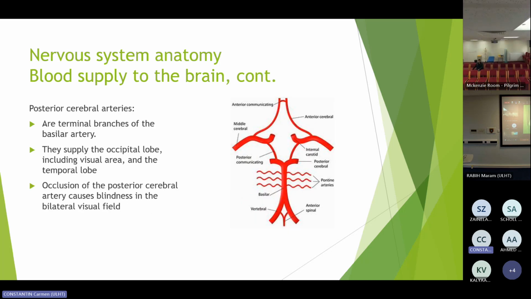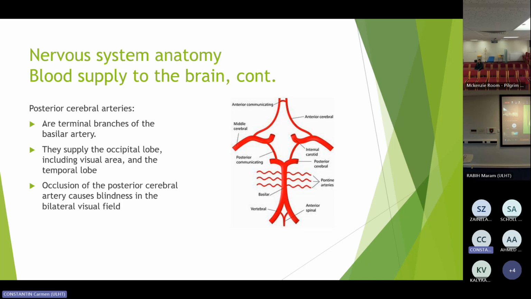Now we'll move to the posterior side. It is supplied by the end branches of the basilar artery, so we have the pons, the pontine arteries, and the posterior cerebral arteries.